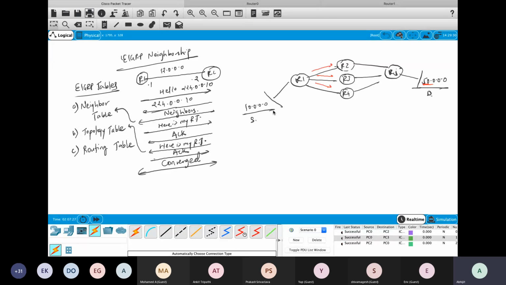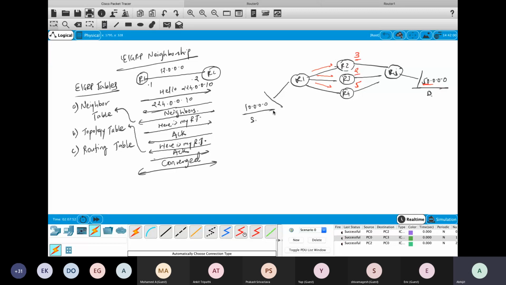For example, R2 knows about around 3 routes, R3 knows about around 2 routes, and R4 knows about around 5 routes. Combining all together, the neighbors know around 10 routes to reach the network.